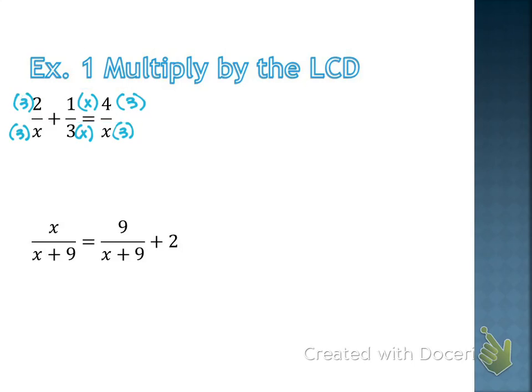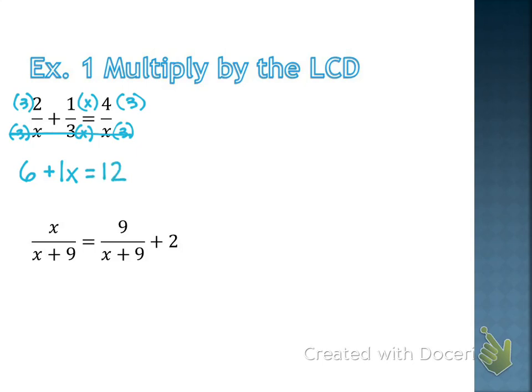After I've already got my common denominator, I can just cancel out the denominators. I don't even want to work with denominators anymore, so I'm just going to work with my numerators. What's 3 times 2? Plus 1 times x is 1x is equal to 4 times 3, which is 12.